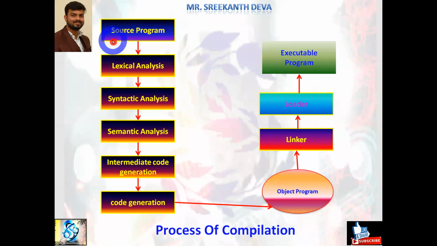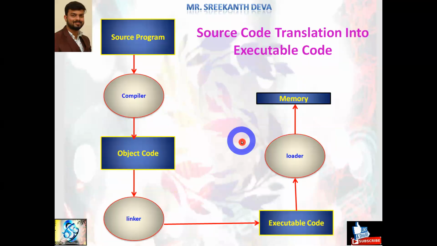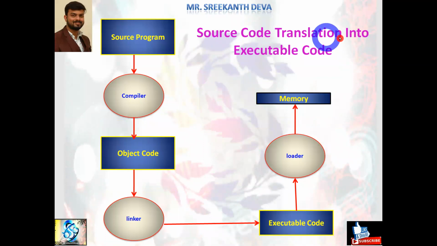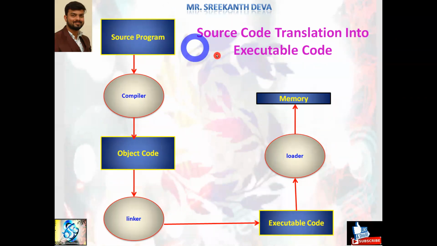The source program is understood by the programmer or user. Okay, see, this is the source code translation into what? Executable code. Source program, what we write based on a particular programming language. Using C language, we are writing C instructions and providing a solution to a particular problem in the form of what? A set of instructions written in the source program that converts the source program into machine code.